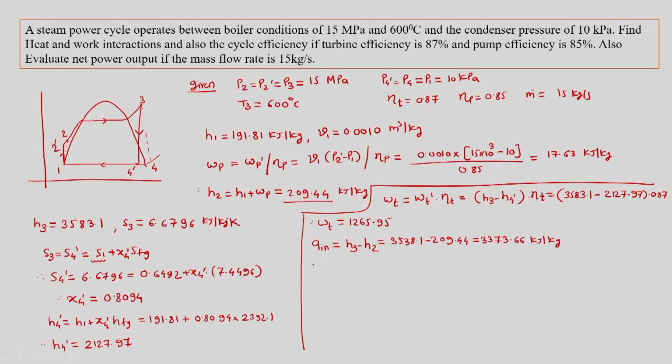So we can find out cycle efficiency, which is W net upon Q in. So W net is WT minus WP divided by Q in, and this gives us W net first as 1265.95, which is turbine work, minus pump work, which is 17.63 divided by 3373.66.